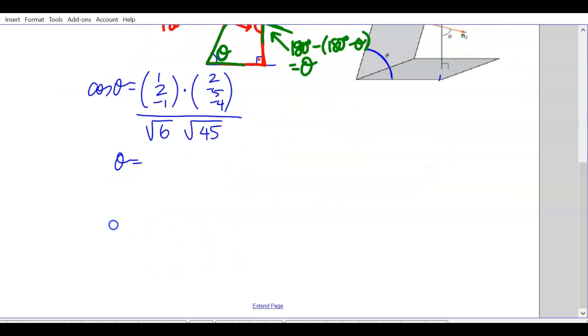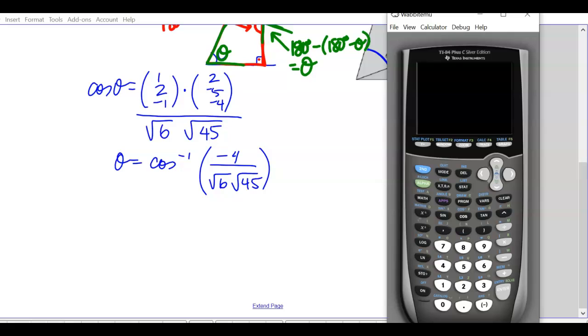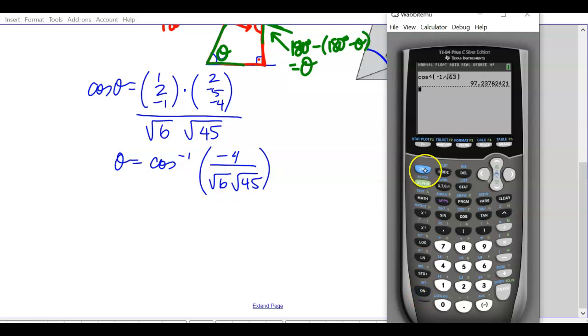So theta equals cos inverse of 2 minus 10 is negative 8, plus 4 is negative 4, over the magnitudes. Again, you know it's going to be greater than 90 because that's a negative value. So that's 104 again. I don't think I said what to round to. We'll go to the nearest tenth, so 104.1.